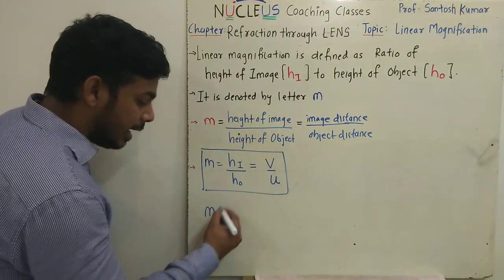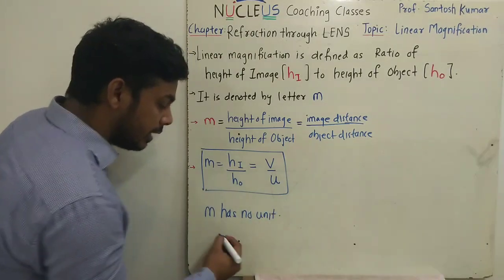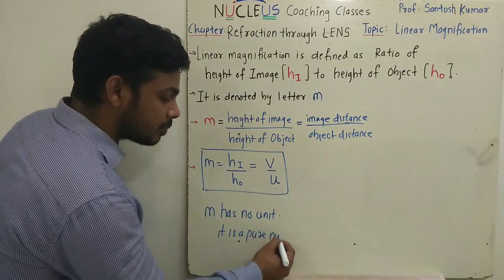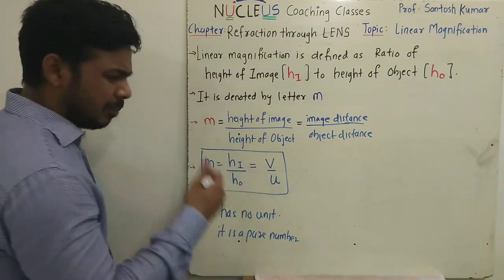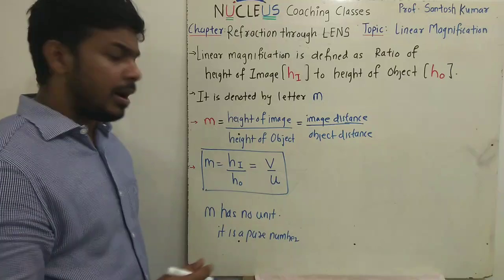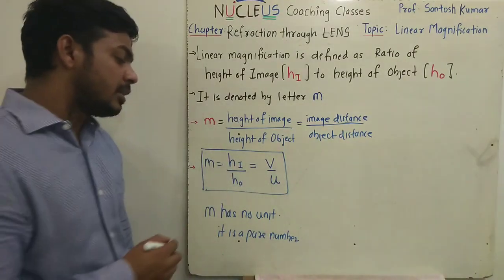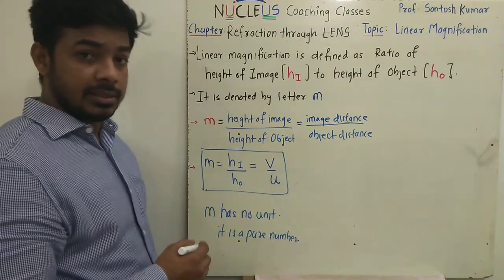So I will say m, linear magnification, has no unit. It is a pure number. The proof might be given in your textbook, but again, no proof is required. Simply, linear magnification is the ratio of height of image to height of object, or the ratio of image distance to the object distance.